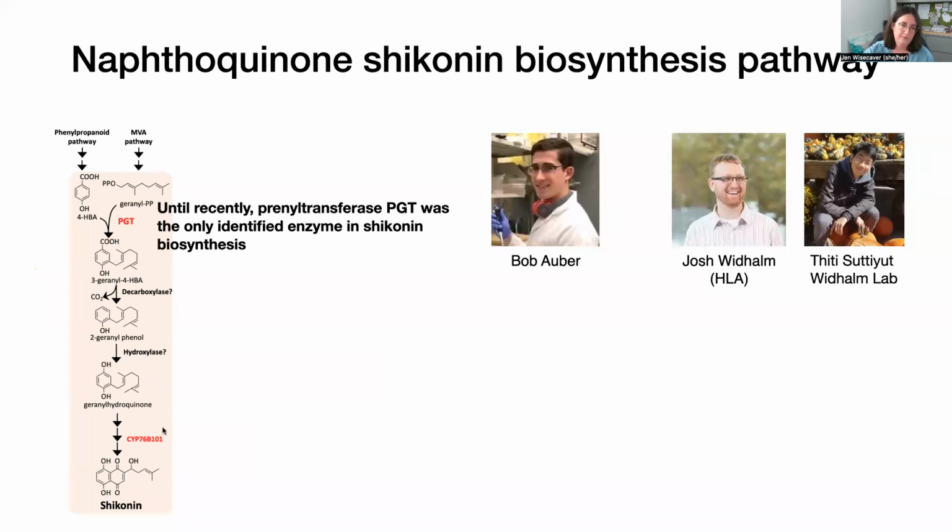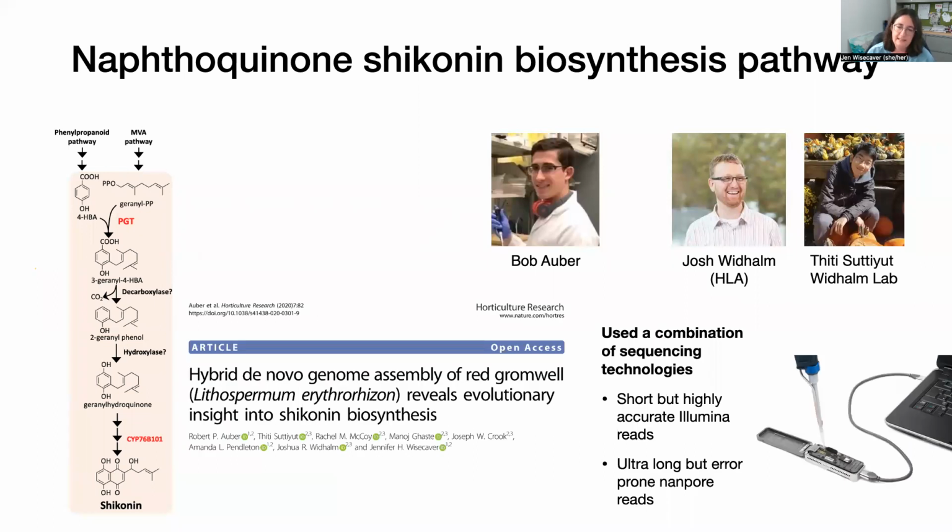So most of these steps are hypothetical with unknown genes associated with them. And so the first thing we did in the lab was sequence the Lithospermum erythrorhizon genome using both Illumina and nanopore long reads. And that paper came out a few years ago.